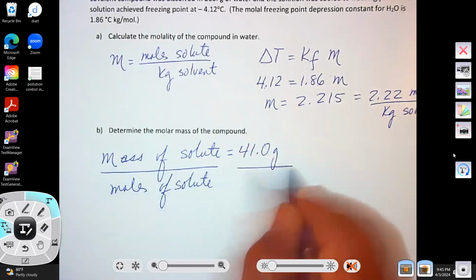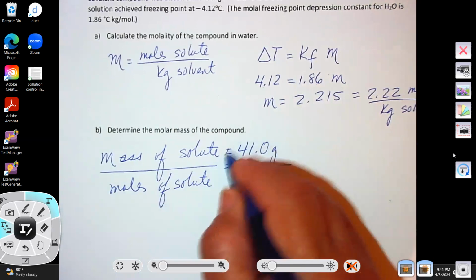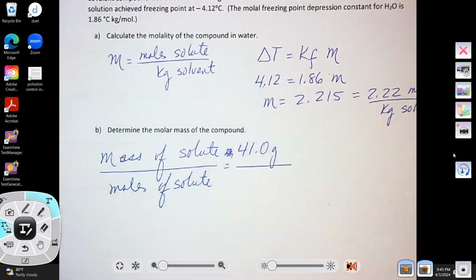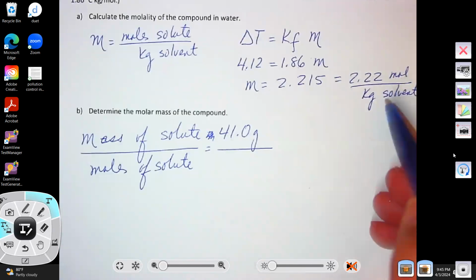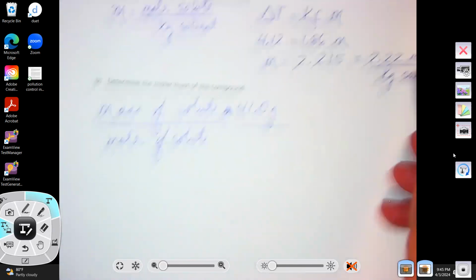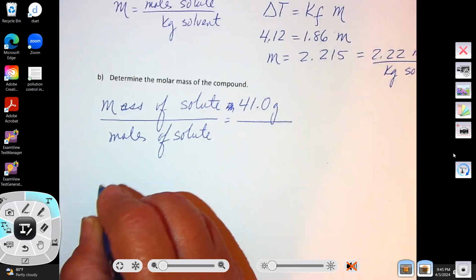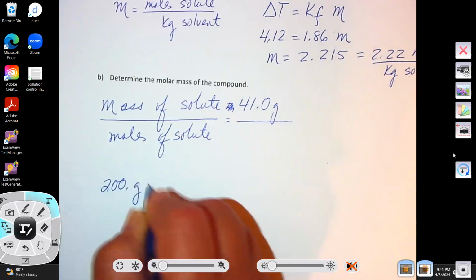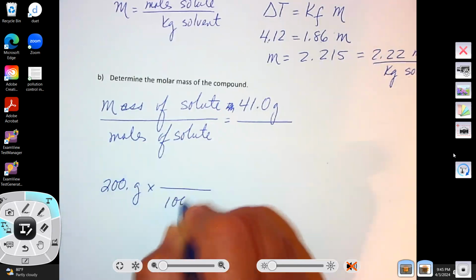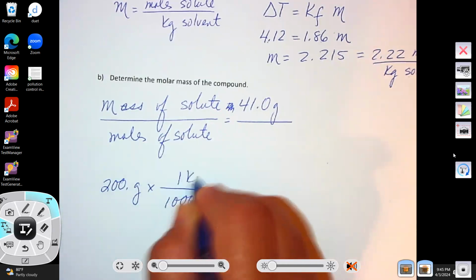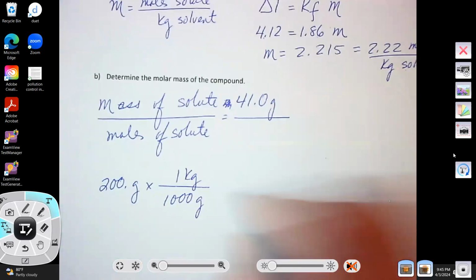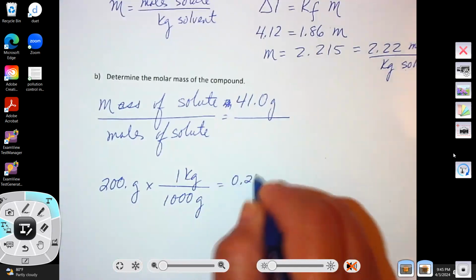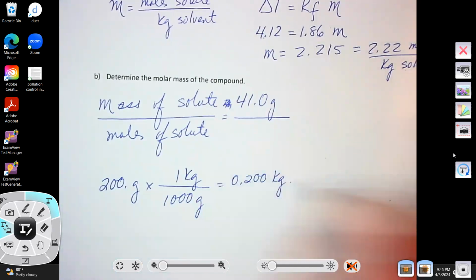We don't have the number of moles, but we could get it because we have the molality and we have the kilograms of the solvent. So if we take the grams of water and change it to kilograms, that's going to be 0.200 kilograms.